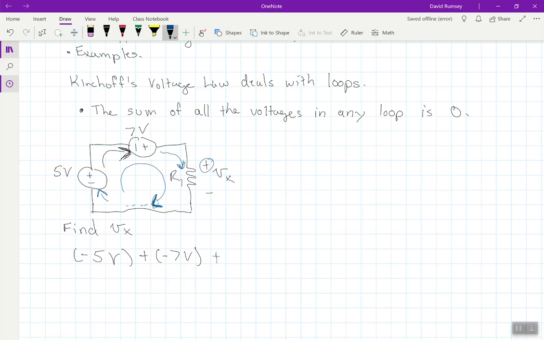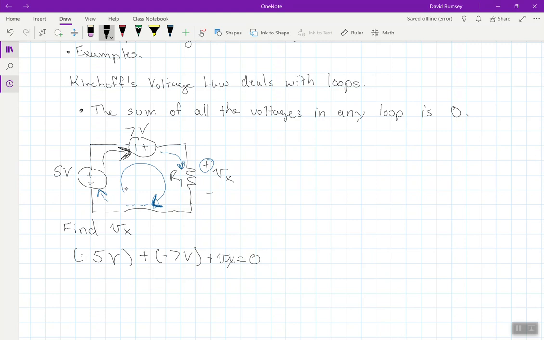So it's going to be plus Vx equals 0. That's why the arrow matters, because it determines whether we hit the negative side or the positive side. That determines whether we're going to have a negative or a positive in front of the term.